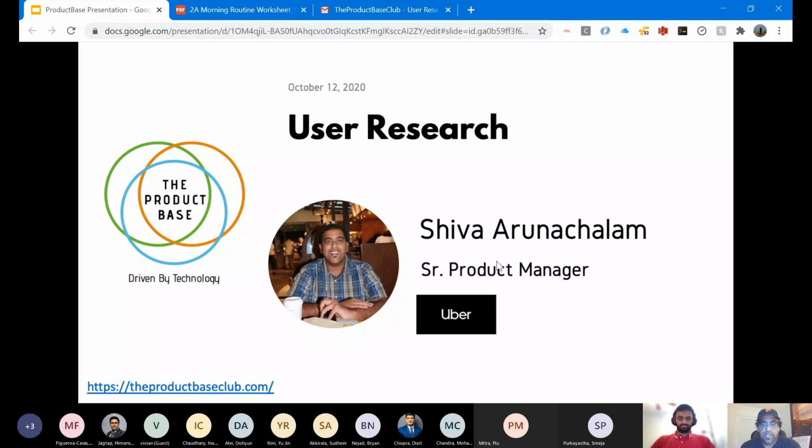So if you've seen ads on Facebook or Google for Uber Eats, those are all using some part of the product stack that I work on and manage.